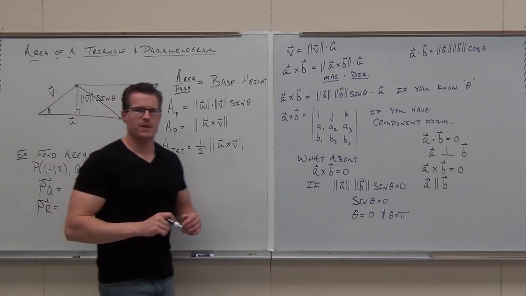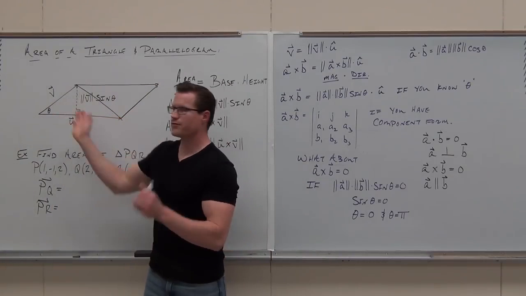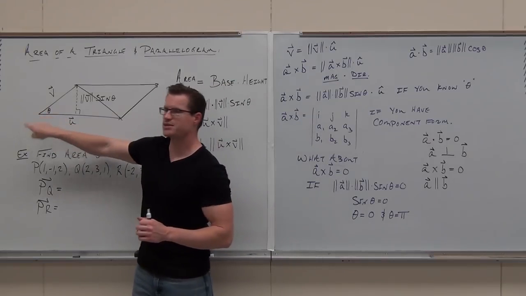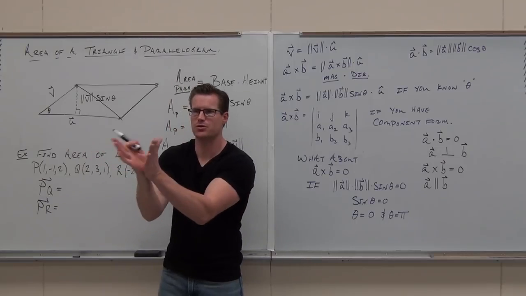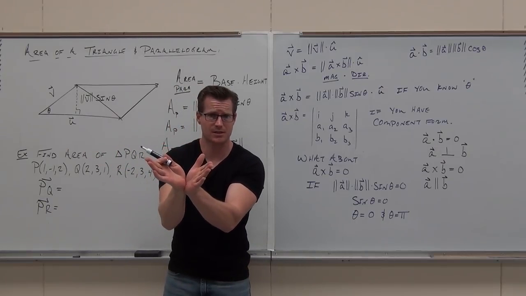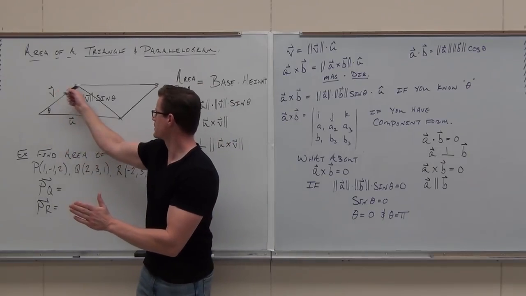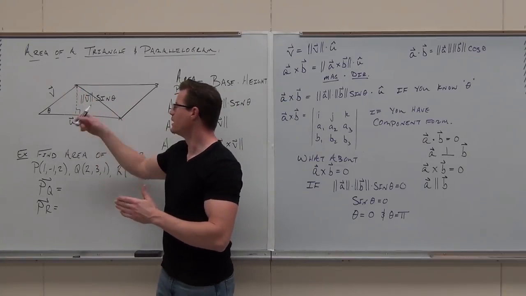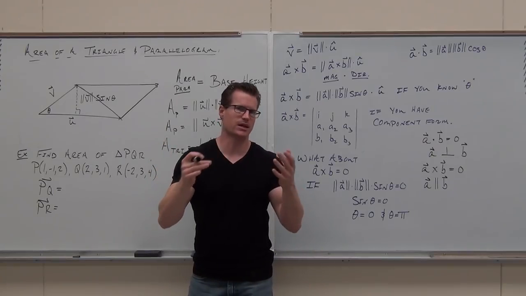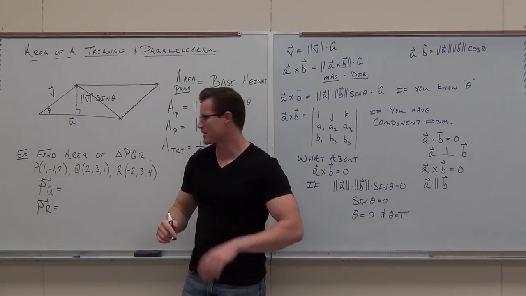I hope you understand why. In order to find a cross product, they need to have the same initial point. So if I'm starting at P, I want to keep starting at P. That way when I do the cross product, they actually match up. Does that make sense? I don't want to start here and then start here. It wouldn't give me the same exact relationship there. So start with the same letter.